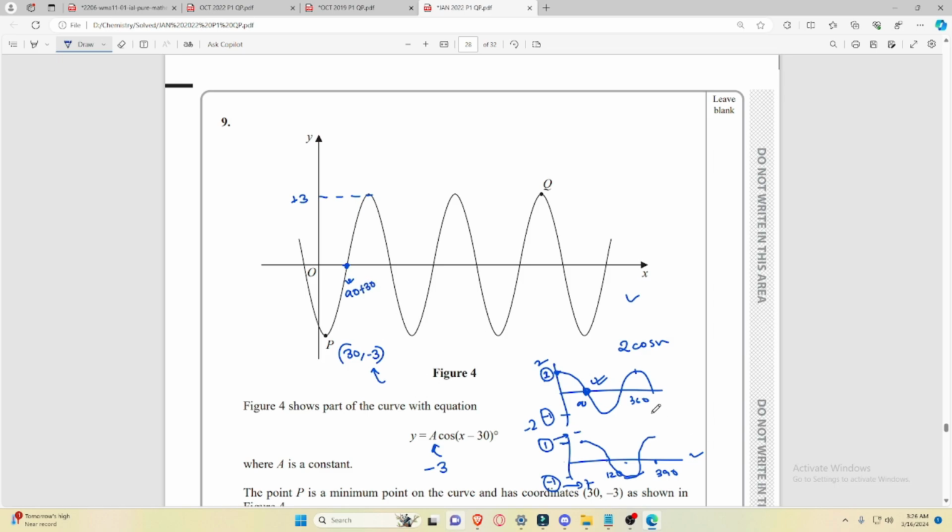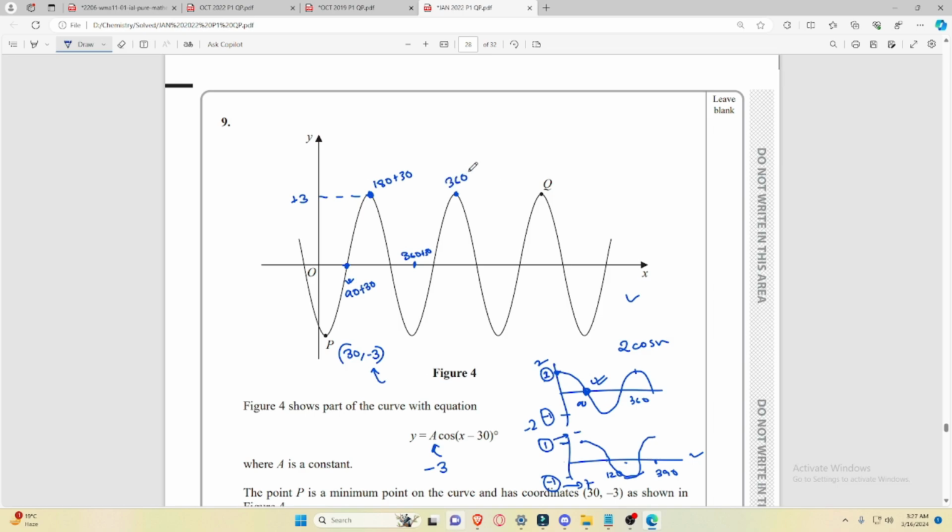First iteration it was 360, so this point will be 360 plus 30. In this way we have to find the coordinate. For example, this point will be 180 plus 30, and I know the sine and cos graph iterates after 360 degrees, the period is 360.